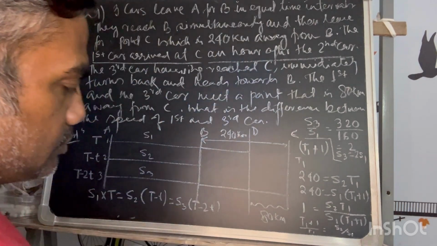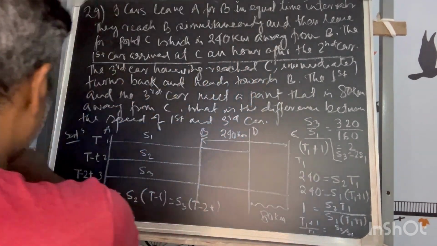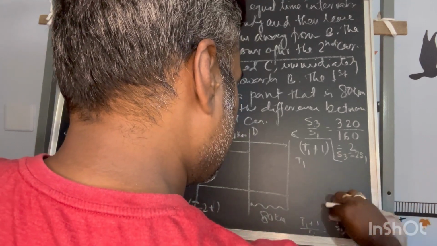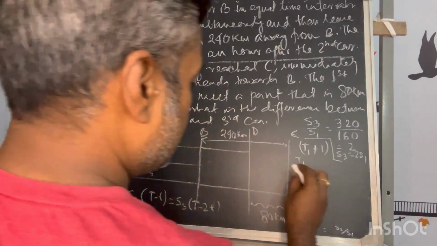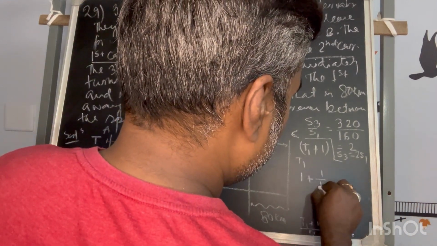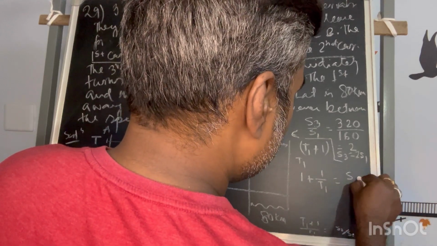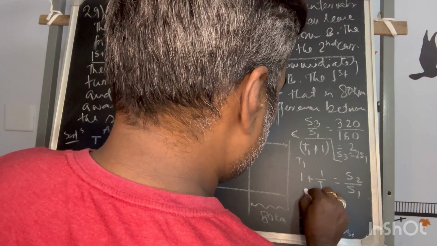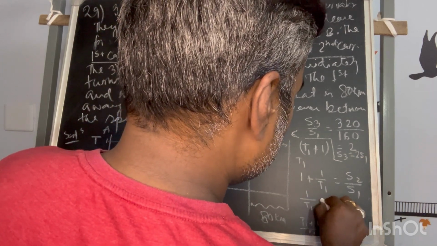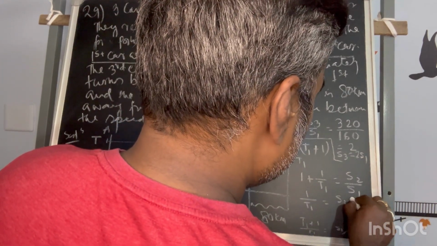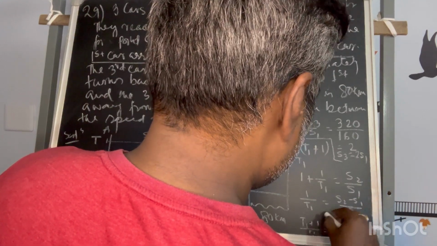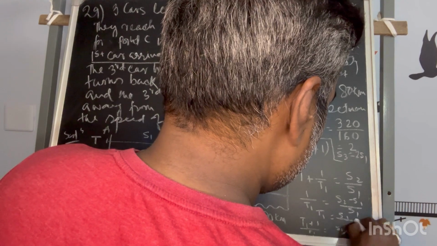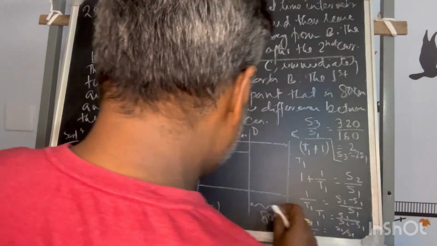So 1 plus 1 by T1 is equal to S2 by S1. So 1 by T1, that means the time, is equal to S2 minus S1 by S1. So T1 is equal to S1 by S2 minus S1. That I will get from this.